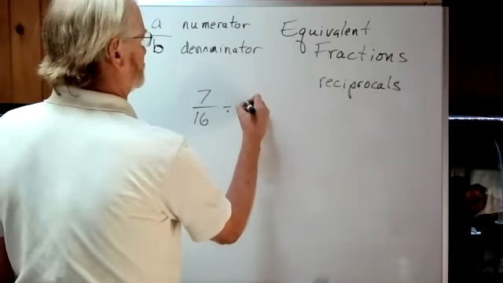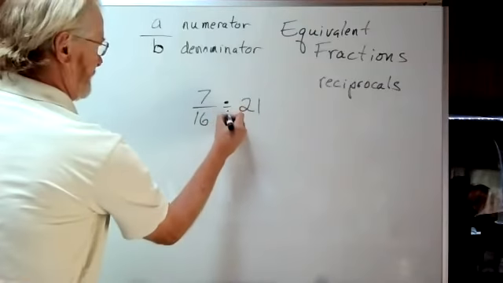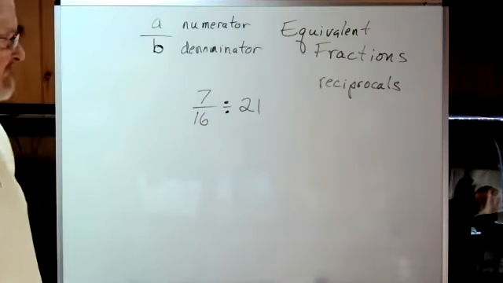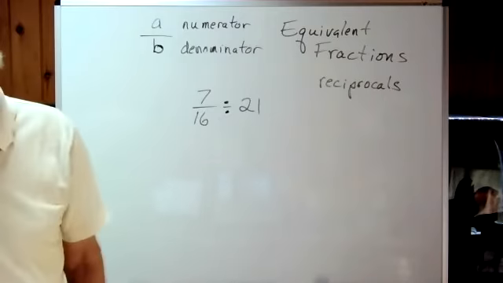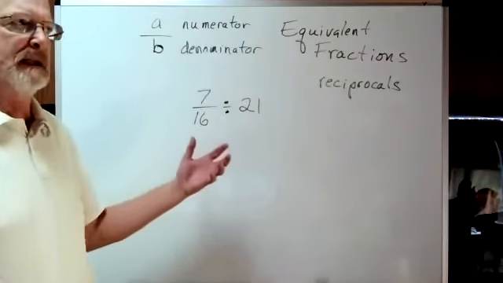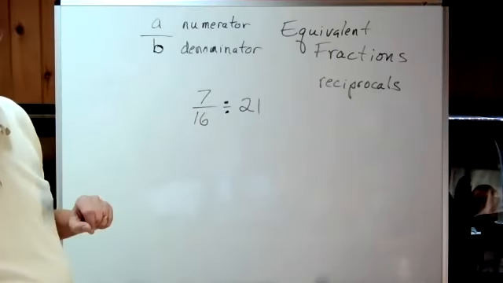So here I purposely wrote one that looks like a fraction divided by a whole number. 7/16 divided by 21. Well, we have a fraction divided by some other number. We want to turn this into a multiplication problem because we're dealing with fractions.